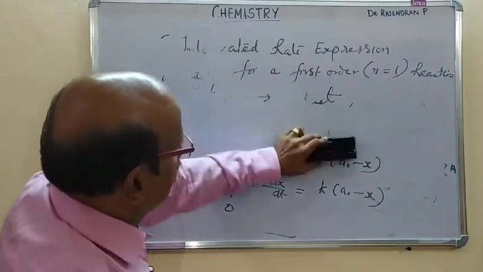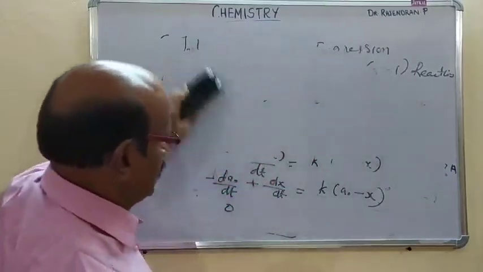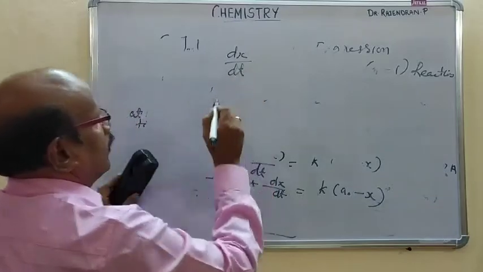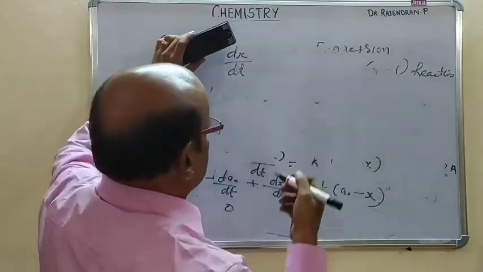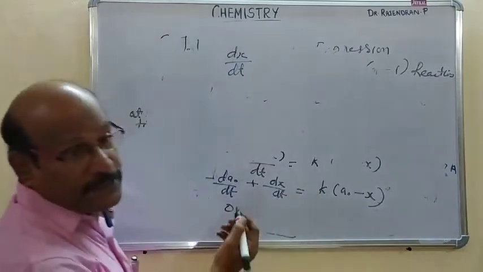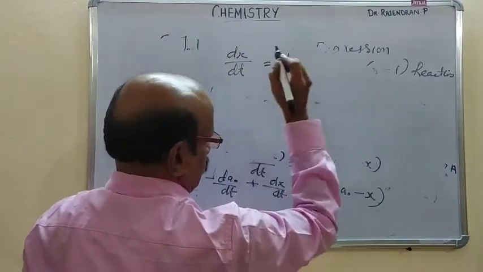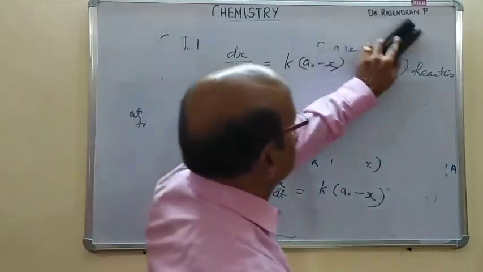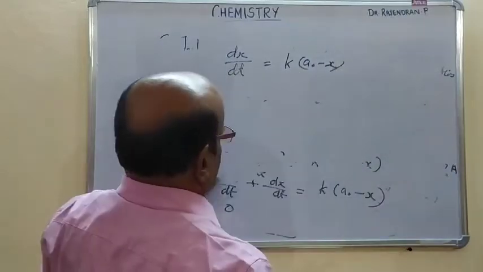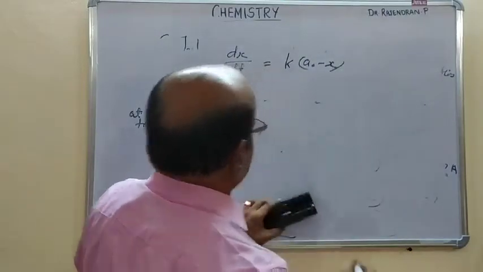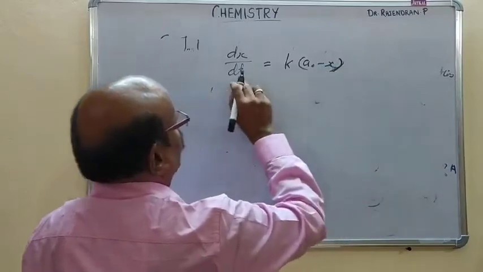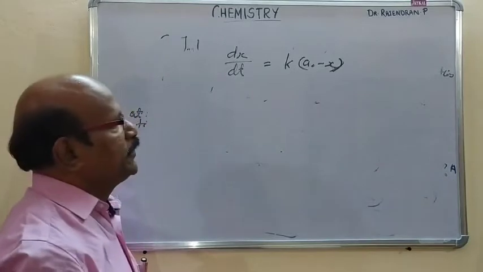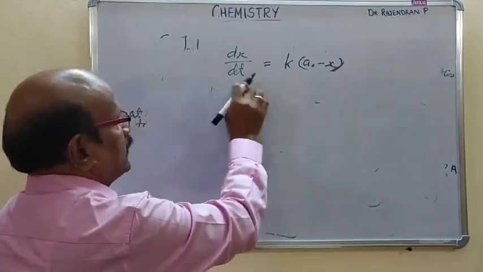So we can rewrite the equation as dx by dt is equal to K into A0 minus X. This is the differential form of the rate expression for a first order reaction, before integration.